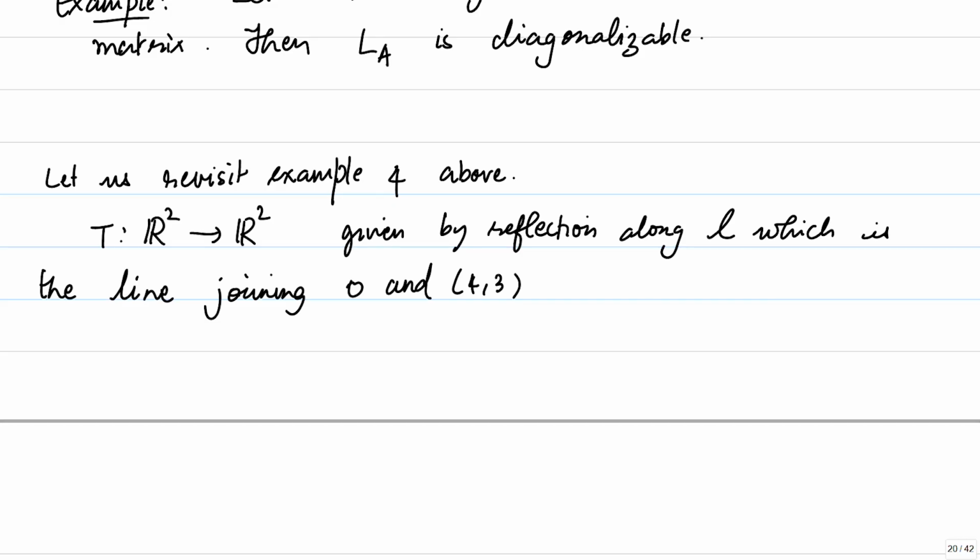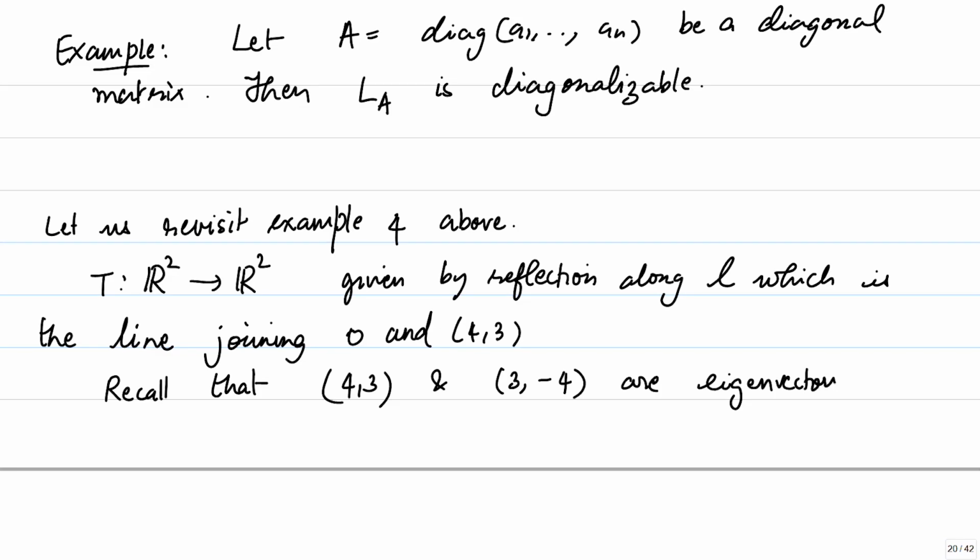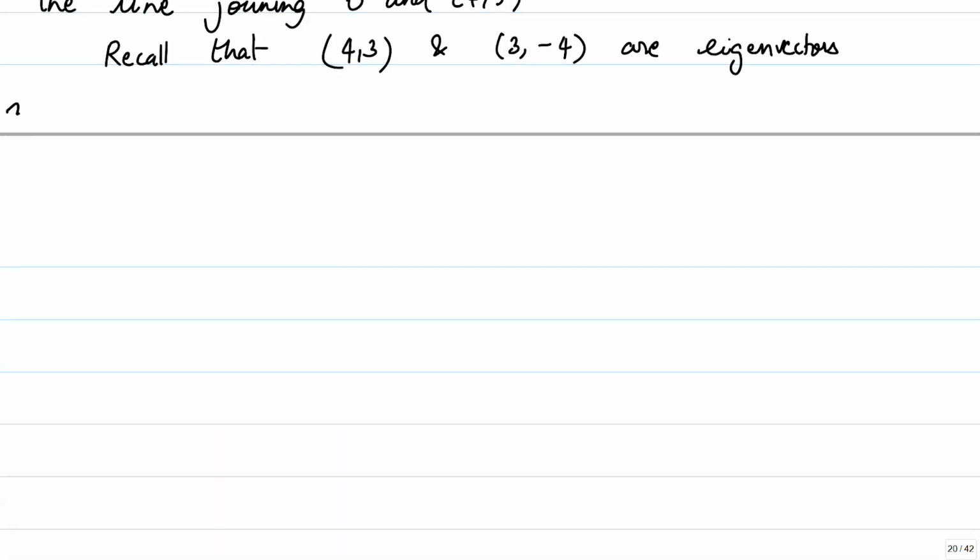So, we had noticed that we had 2 eigenvectors for this linear map T. Also recall that the vectors (4, 3) and (3, -4) are eigenvectors with eigenvalues 1 and -1 respectively.